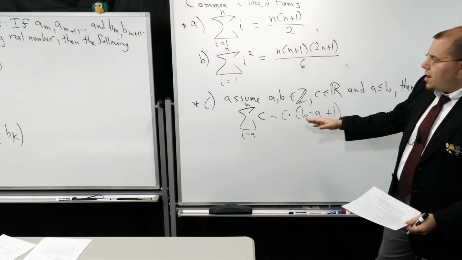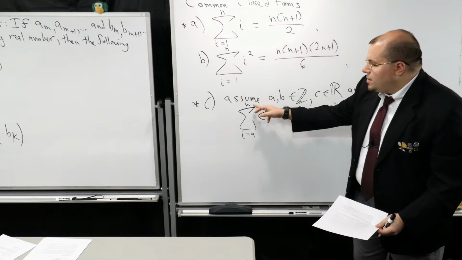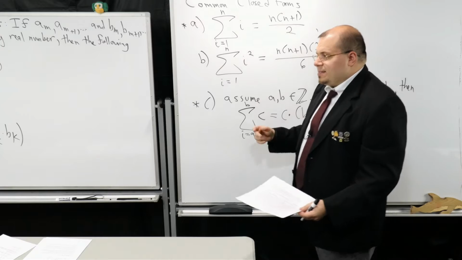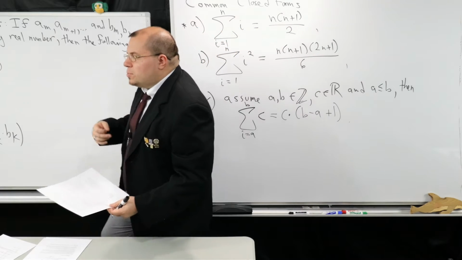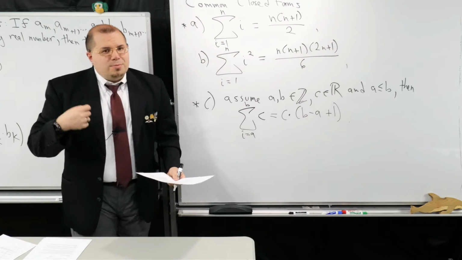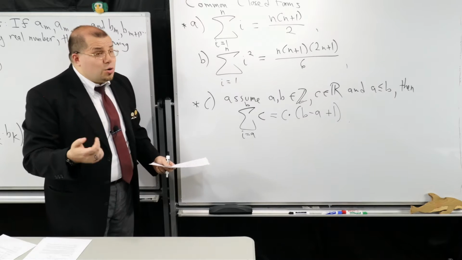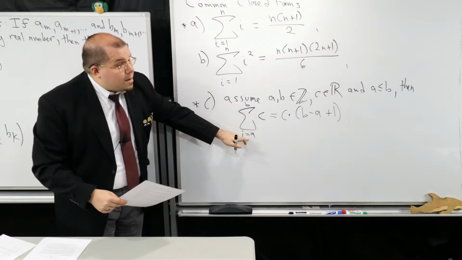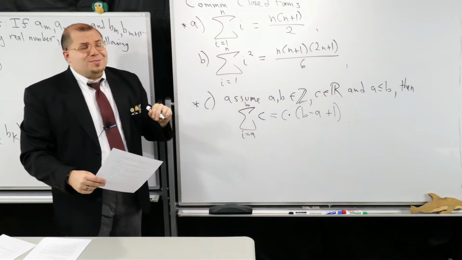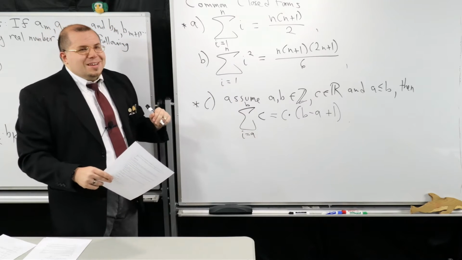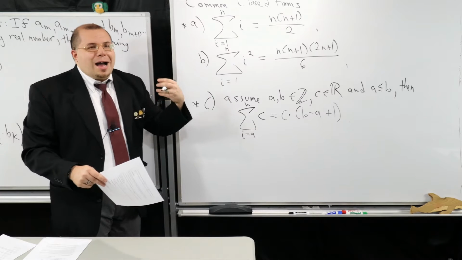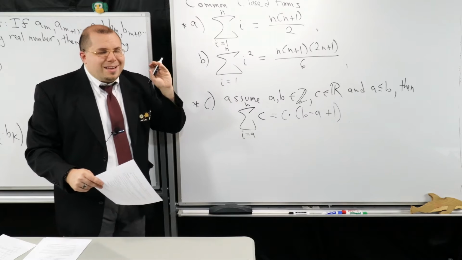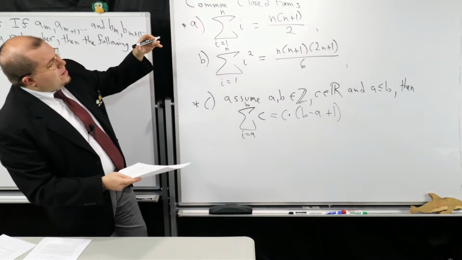So notice the lower limit here is a, the upper limit is b, and notice I'm summing over c's. So I'm going to have c plus c plus c plus c, but how many times is c going to occur? Well, it's actually going to be b minus a plus 1. Now you might ask where the plus 1 came from. It's actually because when you count an element in itself, you have to make sure you include it.